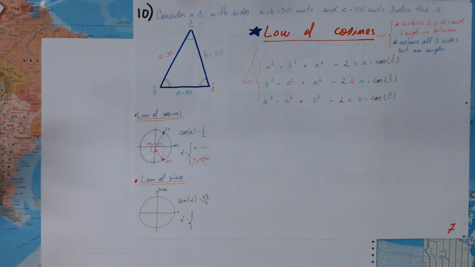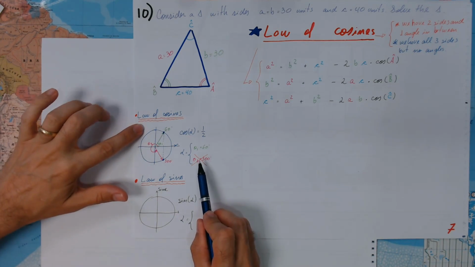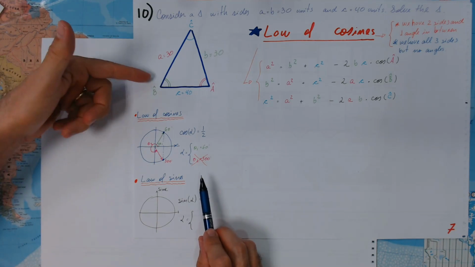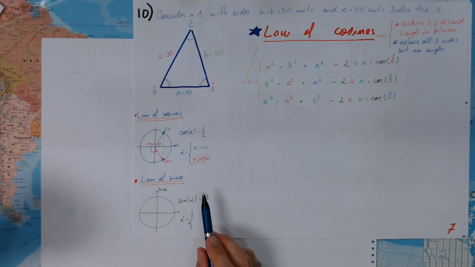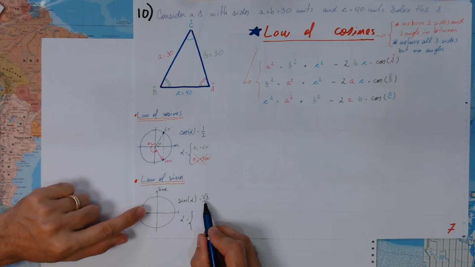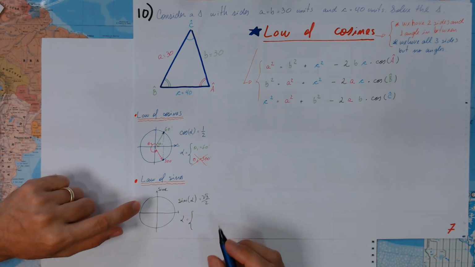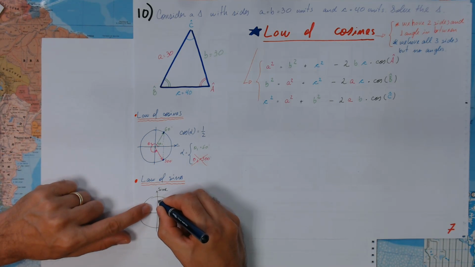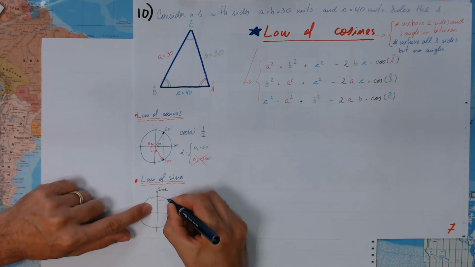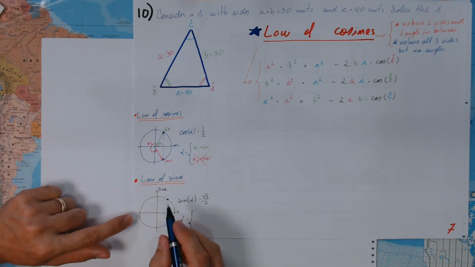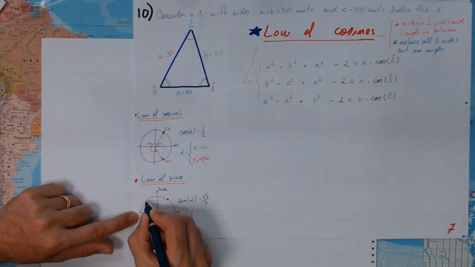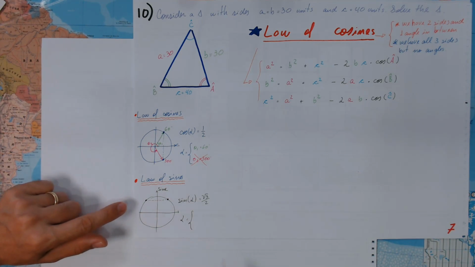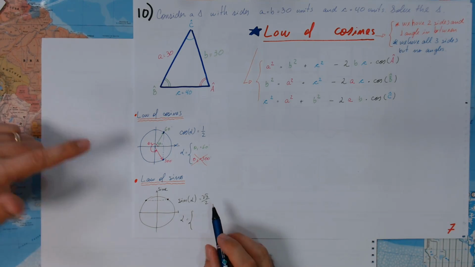Again, we are always going to have two values, but the second value for the law of cosines is impossible for the triangle. But the law of sines is totally different. Square root of 3 divided by 2 is going to be up here. So we're going to have one possible solution in here, and the other is going to be this one, because both are going to bring to us a positive sine.